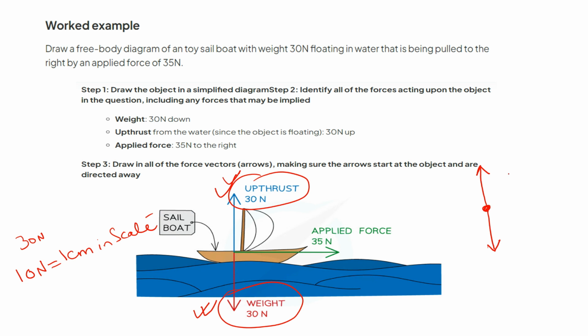So in this way, if you draw your free body diagram, this will be 3 centimeter, this will be 3 centimeter. Now there is a force which is acting in this way, so this will be 3.5 centimeter.